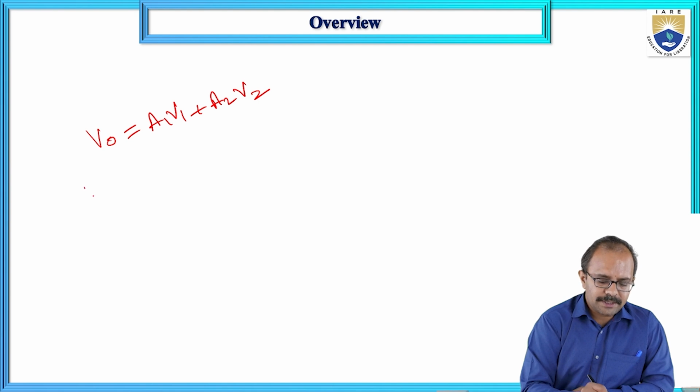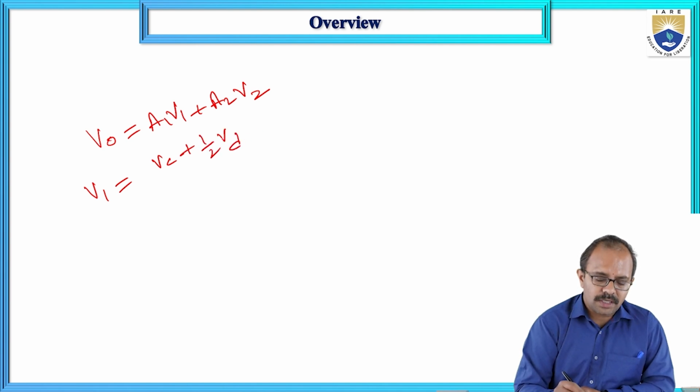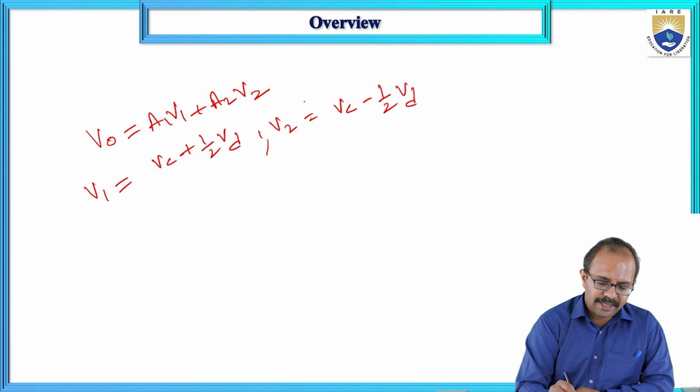By simplifying expressions 1 and 2, we found V1 is equal to Vc plus 1 by 2 into Vd, and V2 is equal to Vc minus 1 by 2 into Vd. Now we can rearrange this equation by substituting the values for V1 and V2.